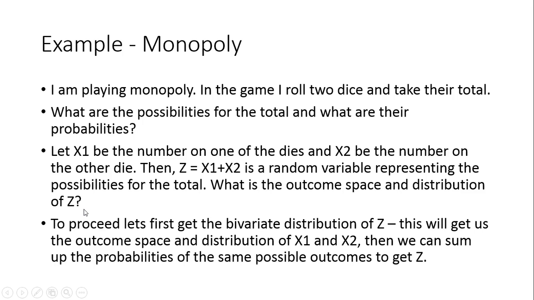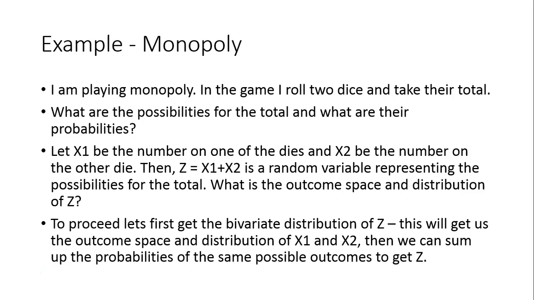As I'm playing Monopoly, I roll 2 dice, and in the game you have to sum the 2 dice together. So when you sum them, I'm not going to be able to get the numbers 1 through 6 now. I'm going to be able to get the numbers 2 to 12. 2 is the minimum and 12 is the maximum, and I can get 2, 3, 4, 5, 6, 7, all the way to 12.